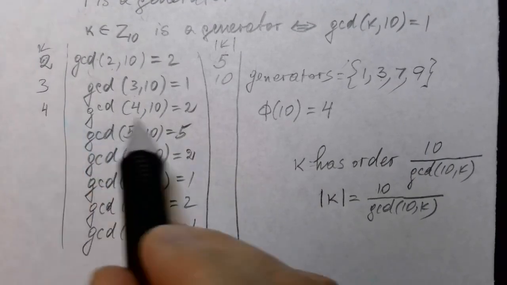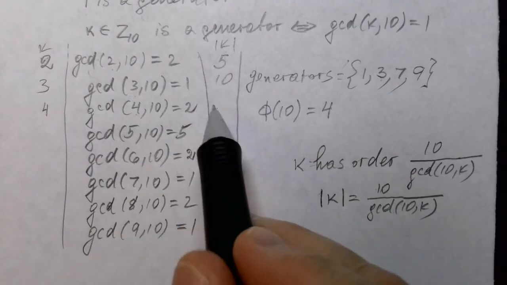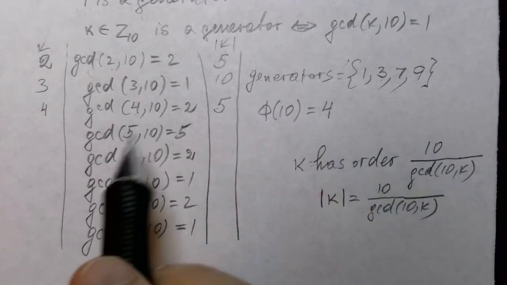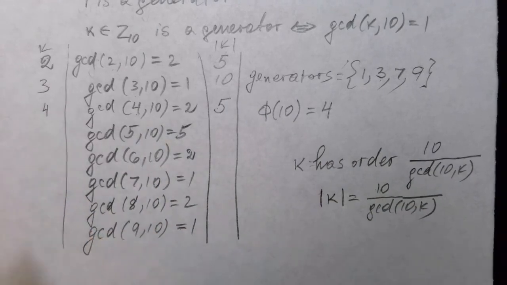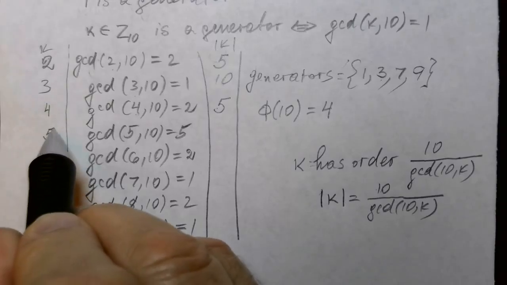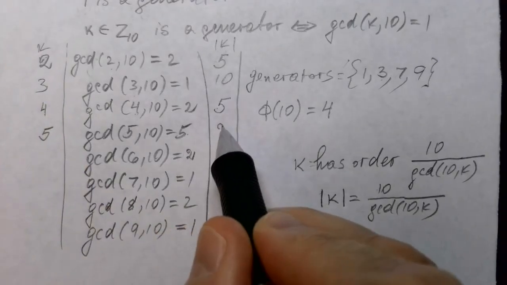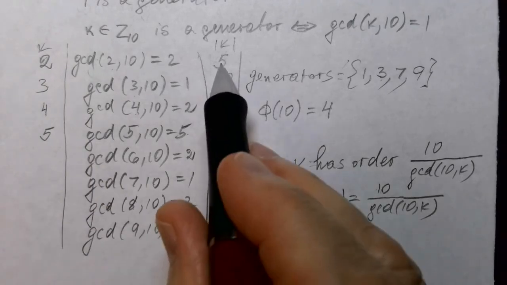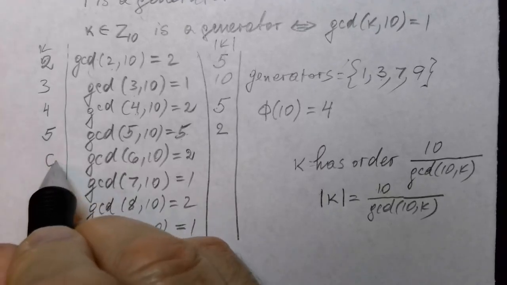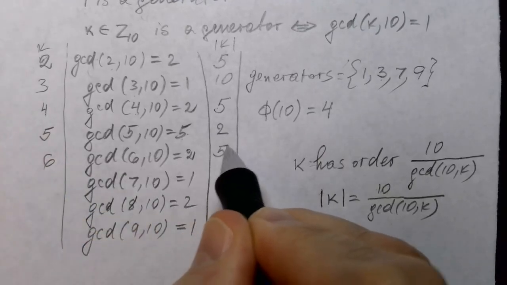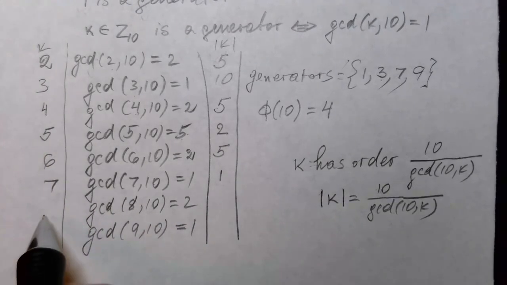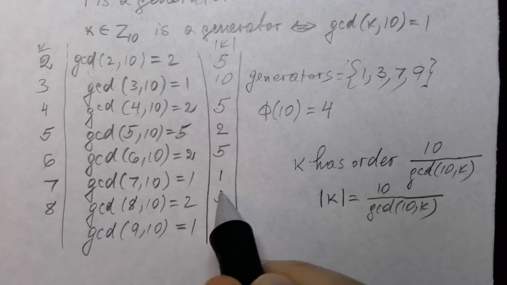When k is 4, the GCD is 2. 10 divided by 2 is 5. 4 is not a generator. Any generator must have order 10. Here k is 5. The order of k will be 2. 10 divided by 5. Then 6, order 5. 7, the order of 7 is 10. 8, order 5.